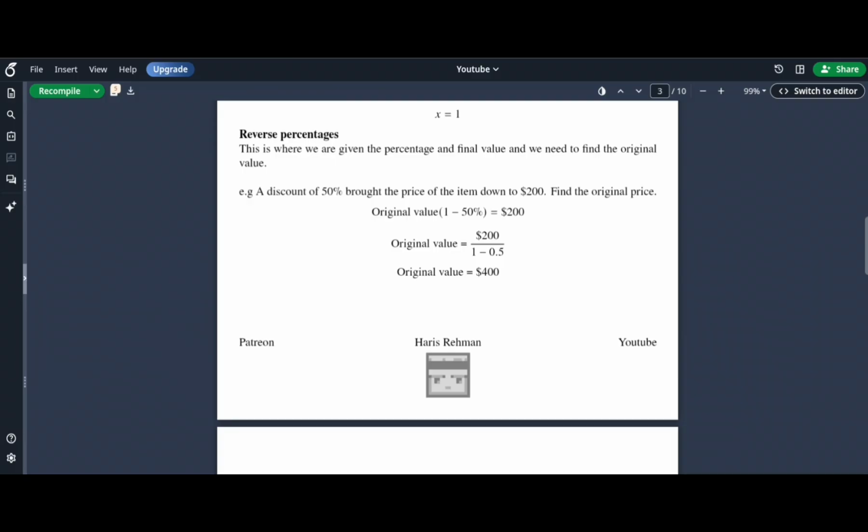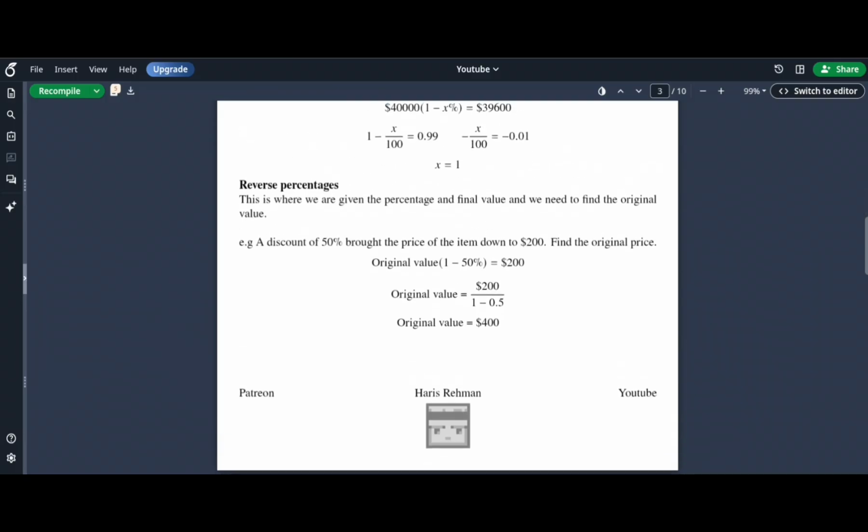Now you're wondering, what quantity that I pay half of, 50%, is 200? So you find the original price before the sale, which is 400. We literally divide this bracket over here, and we find the original value.